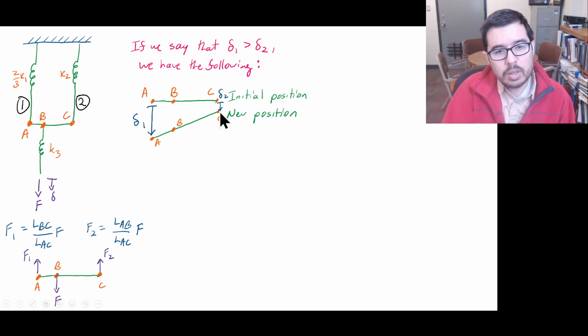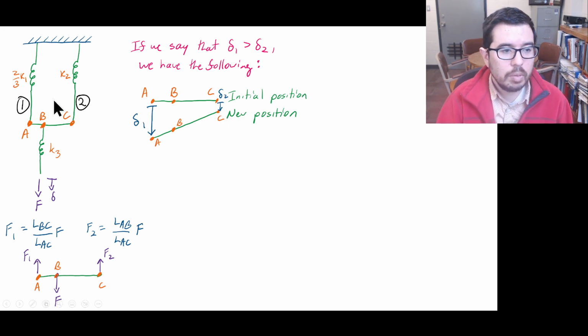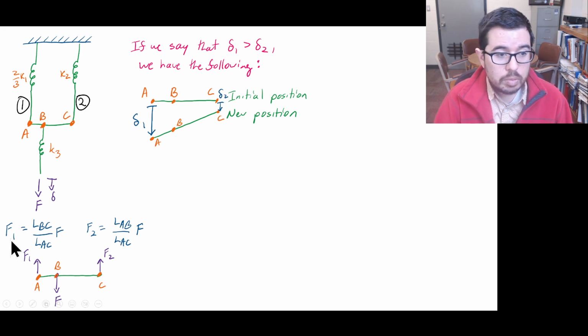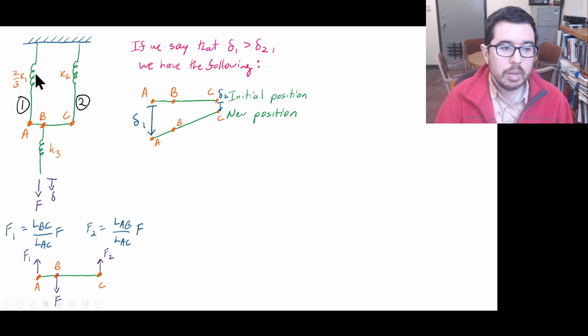Now, delta 1 and delta 2, what are they related to? Well, they're related to how much this leg stretches and how much this leg stretches, which are related to the forces in them, right? We have some type of spring constant, we have some type of displacement, and we have force.